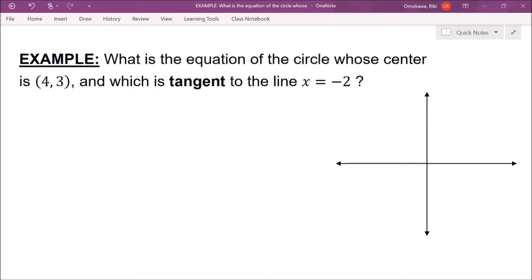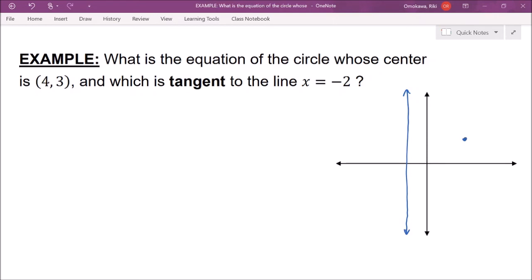It's just going to be a rough sketch, with no grid lines, but somewhere around here perhaps is the center of the circle. And this circle is going to be tangent, just touching the line x equals -2. That's a vertical line, let's say around here.